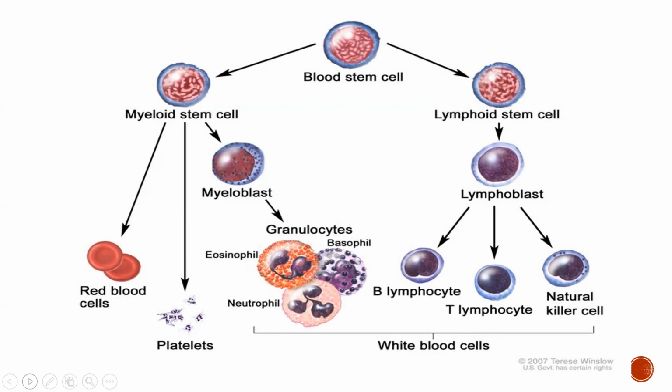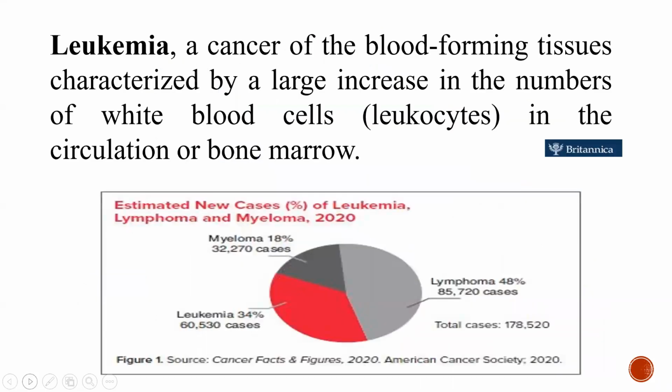Lymphoid stem cell gives only lymphoblast derivatives, and they are B and T lymphocyte and natural killer cell, comparing with the myeloid one.